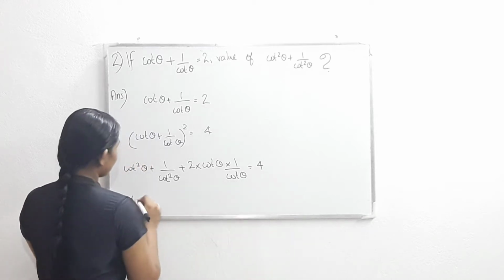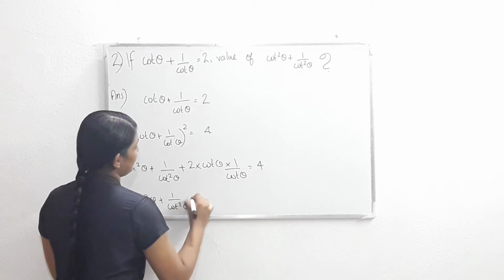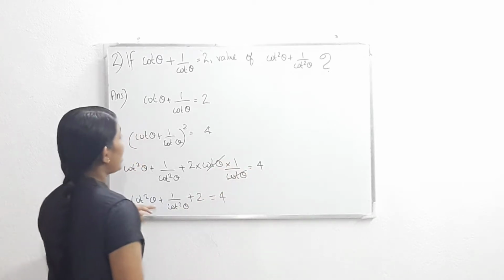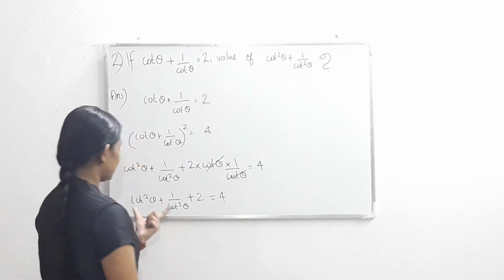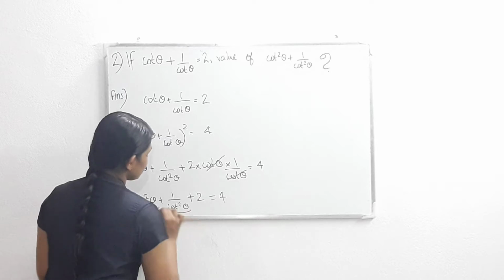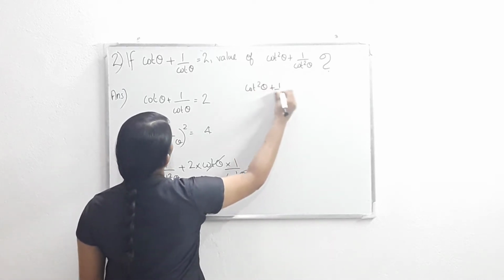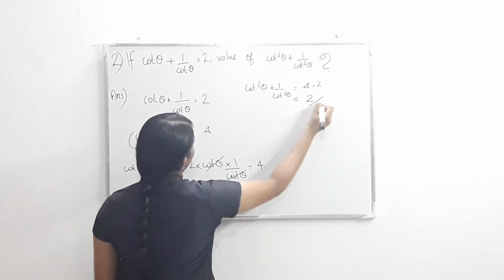Now we can write cot square theta plus 1 by cot square theta plus 2, because cot theta into 1 by cot theta cancels, so this is equal to 2. Now the question asks us to find the value of cot square theta plus 1 by cot square theta. So this can be written as 4 minus 2, which is equal to 2. So this will be the answer.